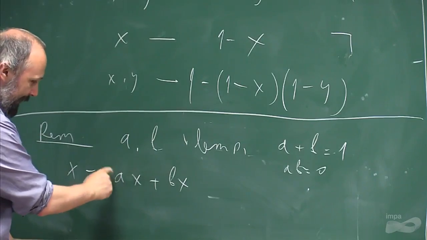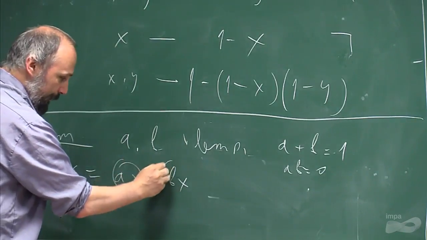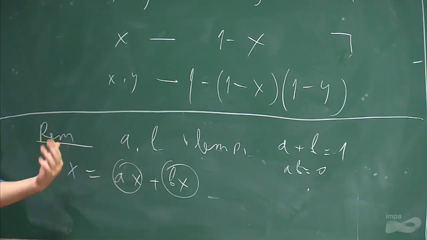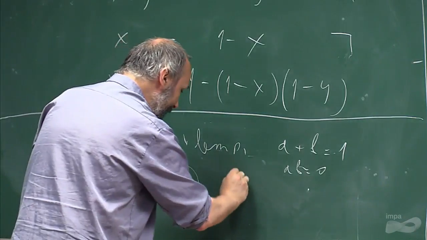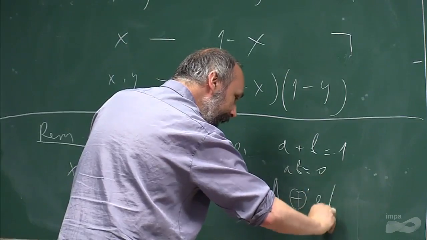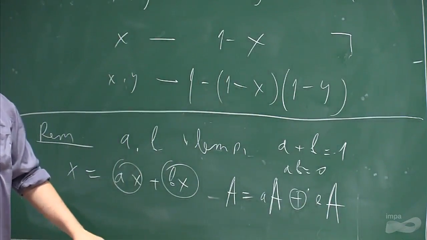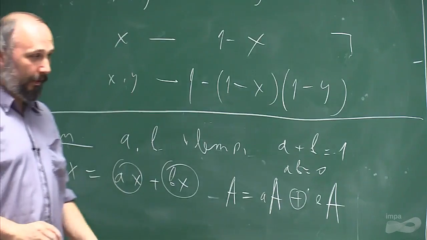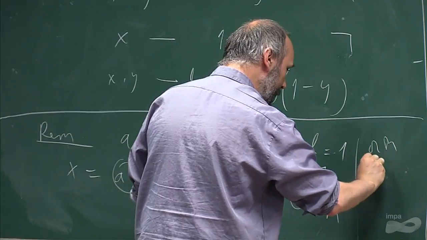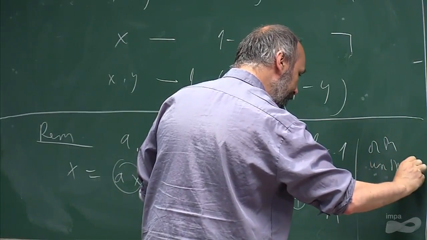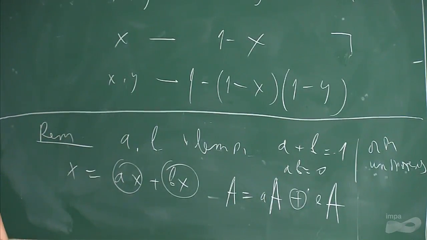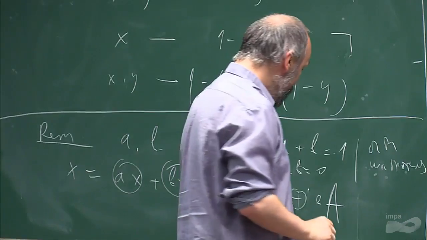And then this is a subalgebra, and this is a subalgebra. If you multiply these two, you obtain 0. This means that the algebra is the direct sum of A and B. These you can call orthogonal idempotents, so one is the negation of another.